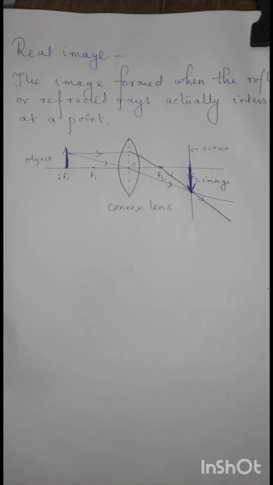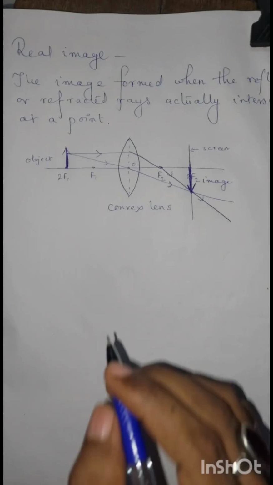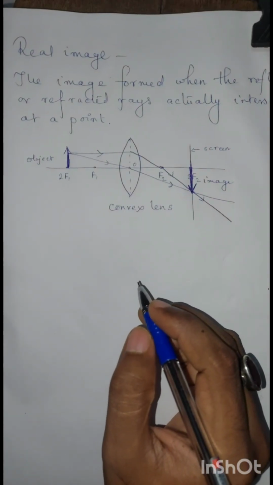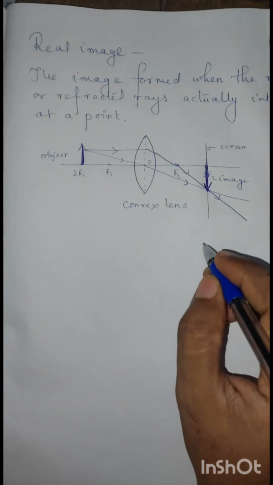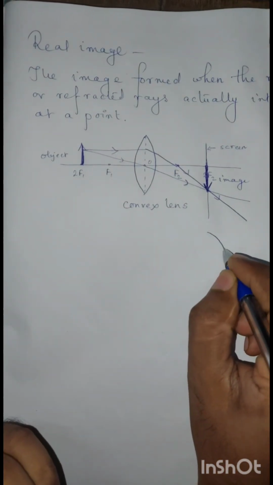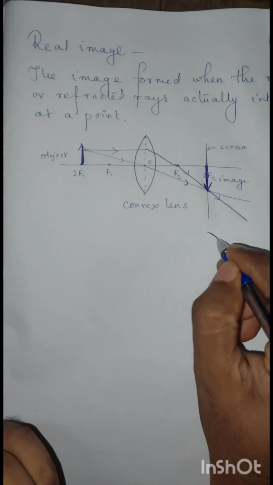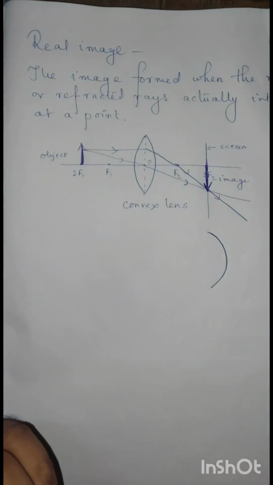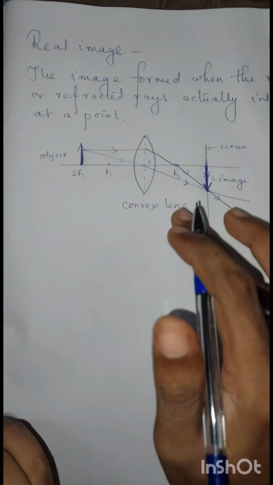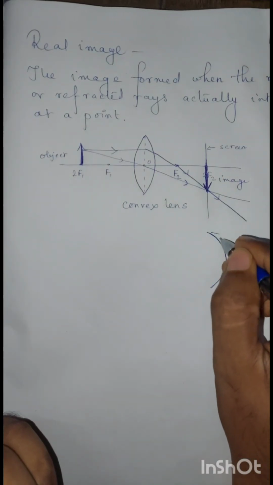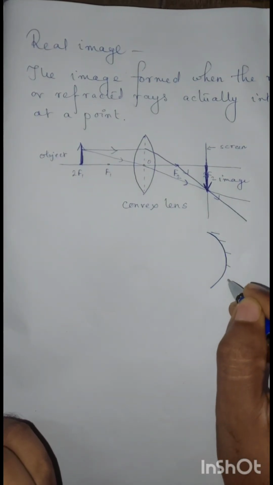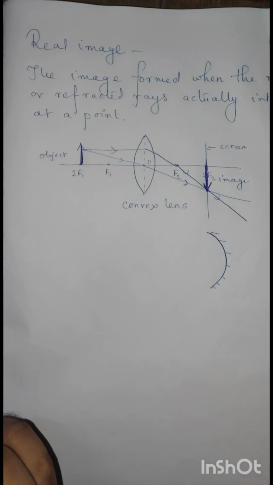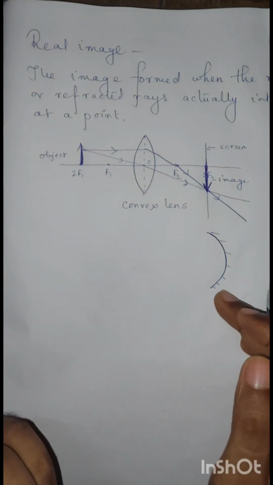Now we are going to discuss formation of real image again, but after reflection. So let us assume a mirror, this kind of a mirror. This is called concave mirror. So this surface is actually silvered.